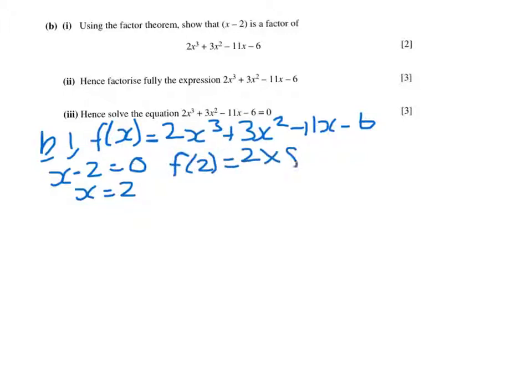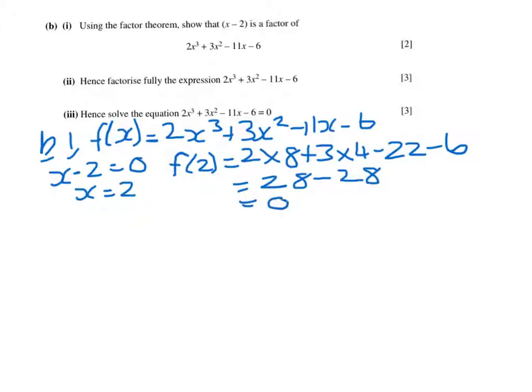Gives me 2 times 8 plus 3 times 4 minus 22 minus 6. 16 plus 12 is 28. 22 and 6 give me 28 also, so I have equals 0. Therefore, x minus 2 is a factor.